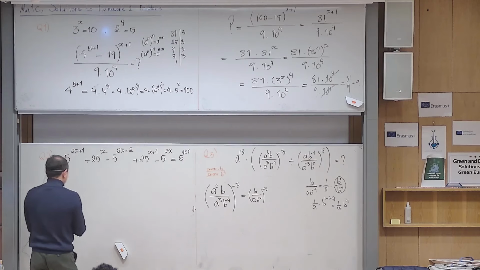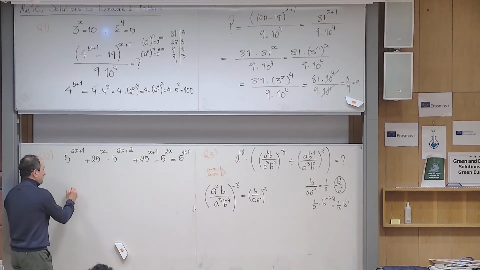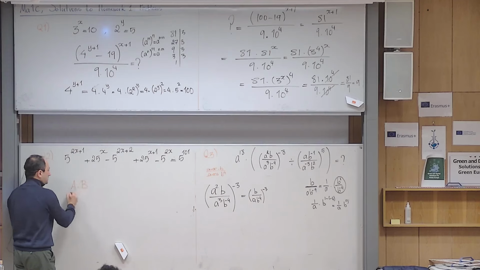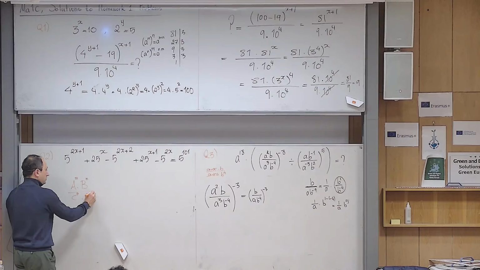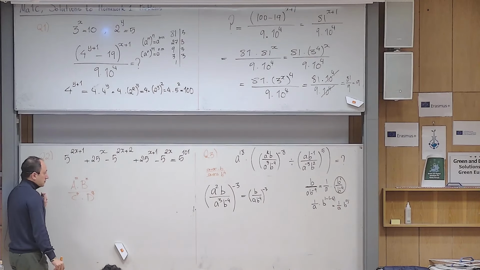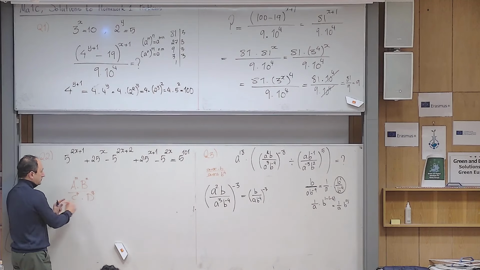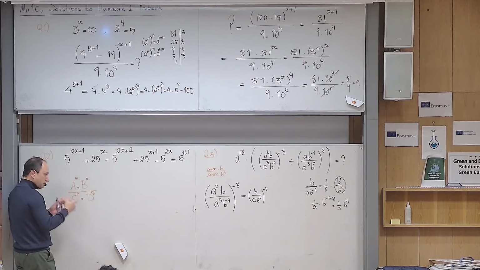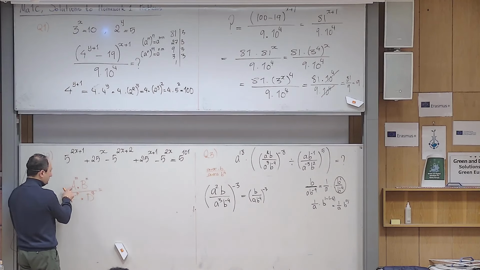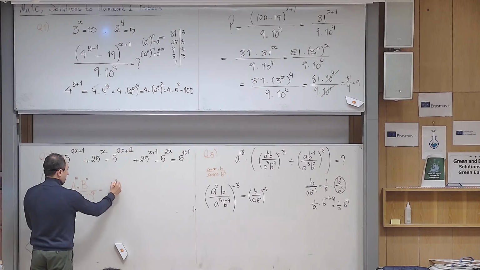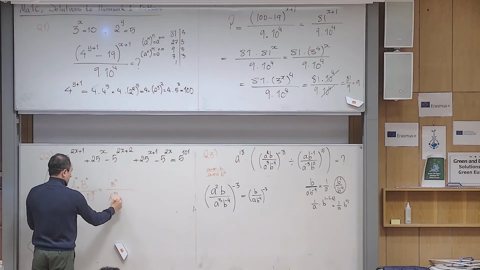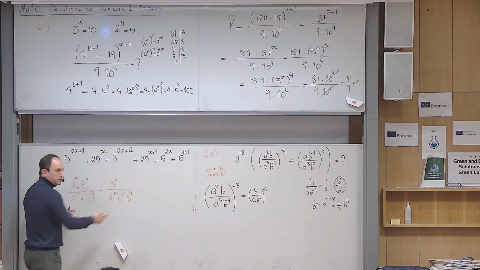Okay, let me tell you something in general. If I have some multiplication A, B, I don't know, C, D, let me make a power M here, a power N here, P here, and Q here. I want you to understand that you can move things around if I have only multiplication and fraction line. How? For example, if I want to, I can bring it down and make it negative. This is correct.